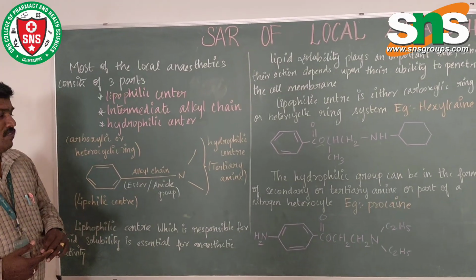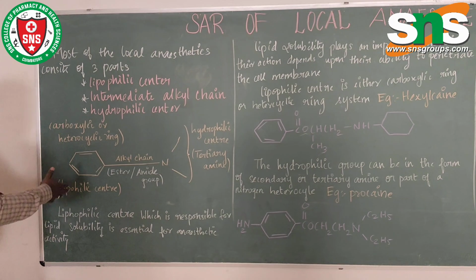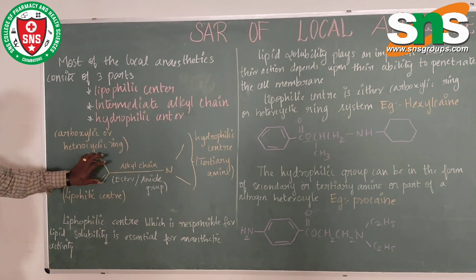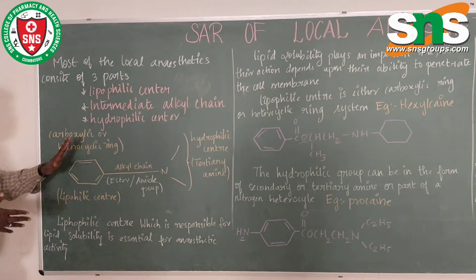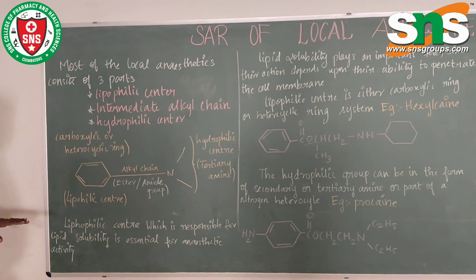Some other substitutions will be there. The tertiary amine is the hydrophilic center, the aromatic ring is the lipophilic center, and they are connected by the alkyl chain. These are the main parts of local anesthetics.